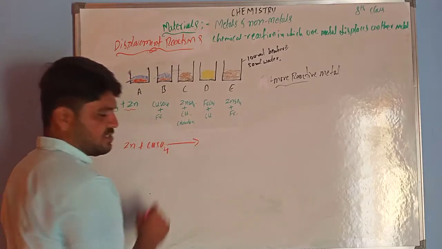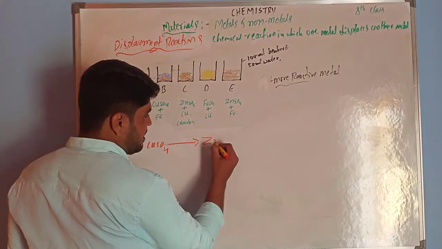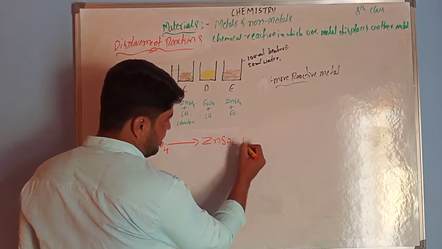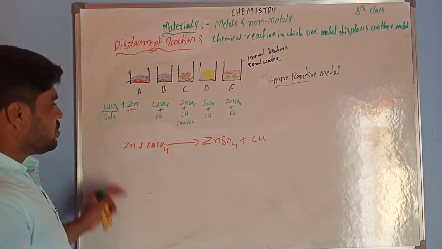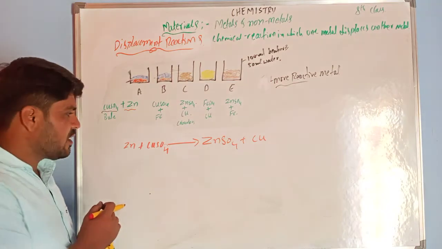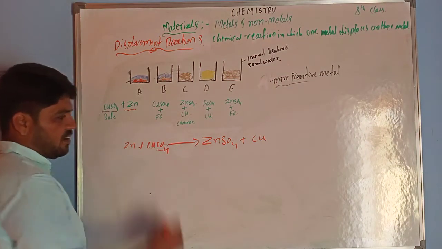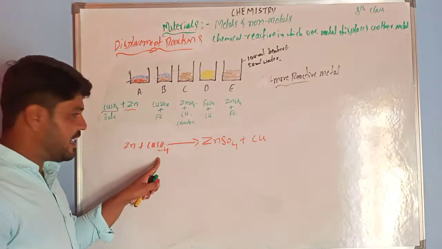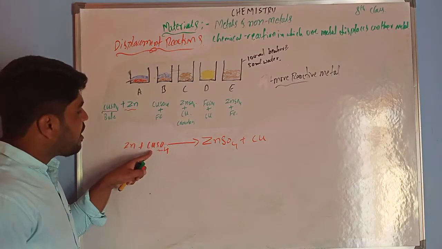This gives the product ZnSO4 and Cu. So what happens in the products? Let's see the reactant side. In the reactant side, sulfate is present with the copper.